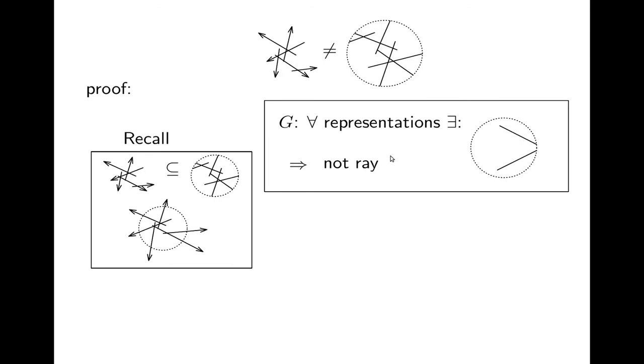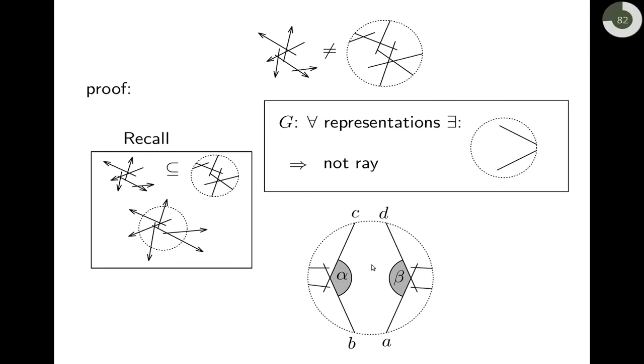Okay, and now here comes the idea. I look at this outer segment graph here, together with some permutation which forces this order, and then it is clear that the angles alpha and beta, because of those intersections here and those intersections here, both must be smaller or equal to 180 degrees.